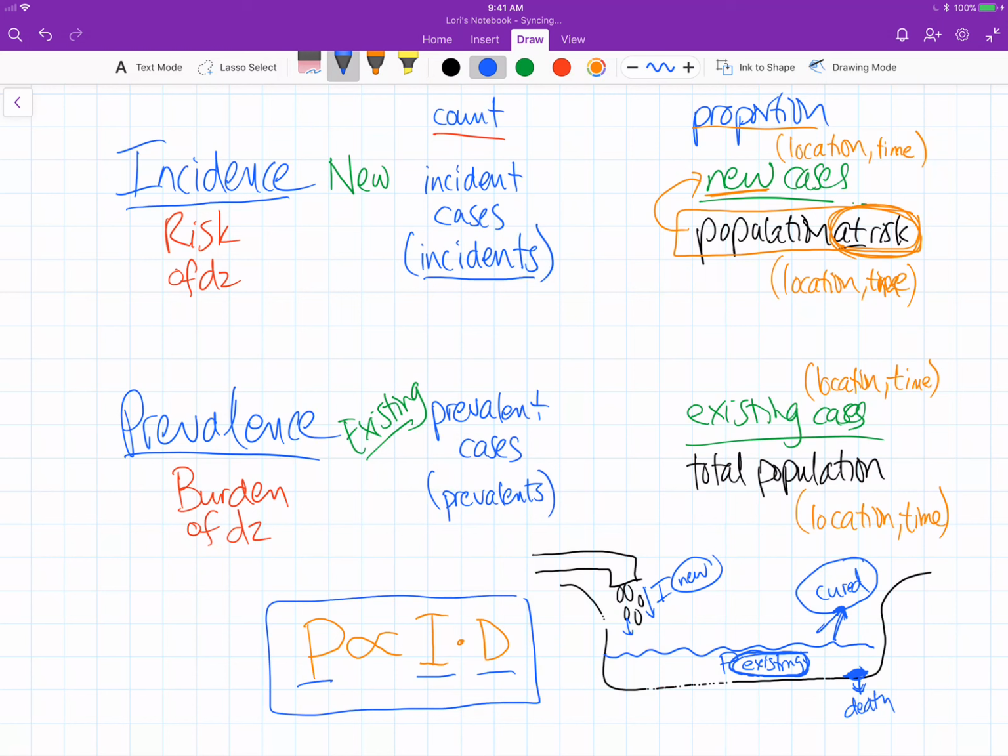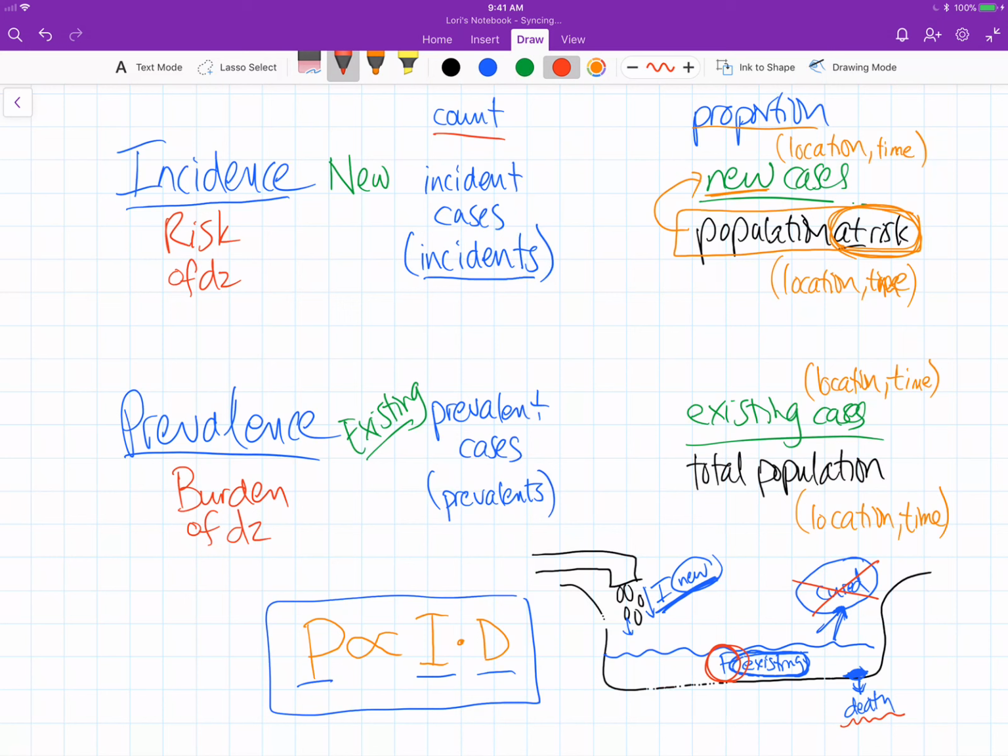On the other hand, if you have the kinds of diseases like cancer or some other chronic diseases, as soon as a person is a new case, an incident case, they're added to the pool, but if it's not possible to be cured of that disease, then they stay a prevalent case for the rest of their life until they die.